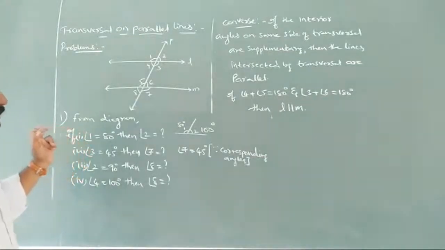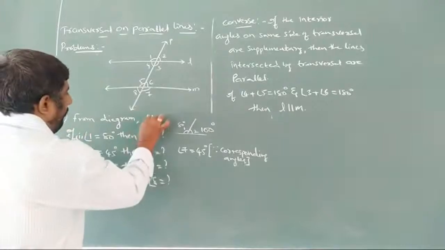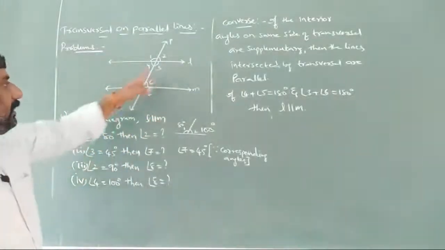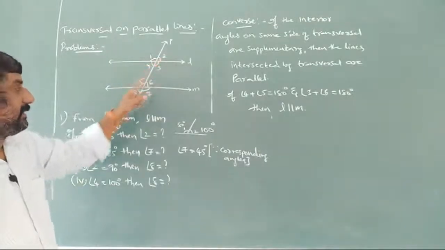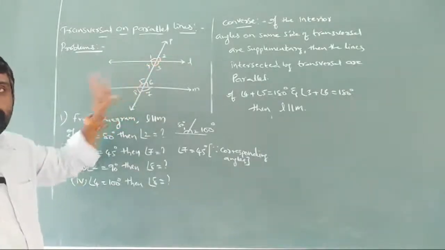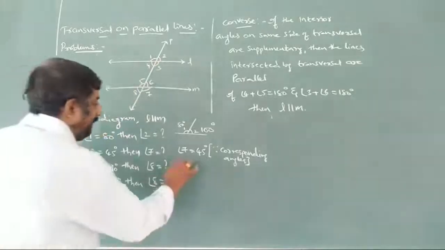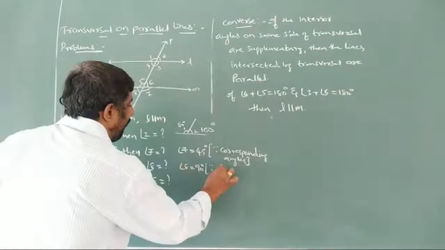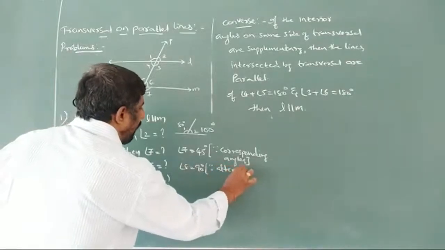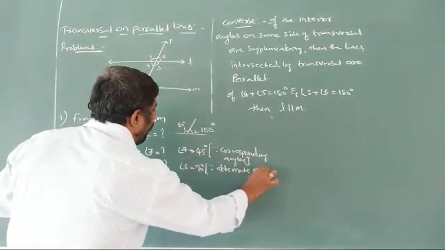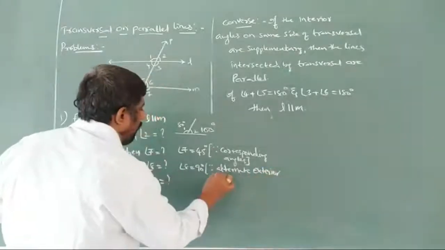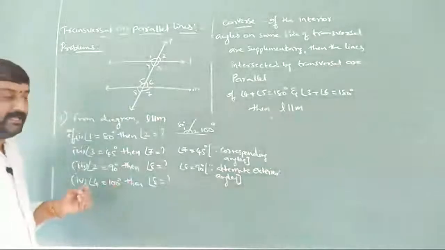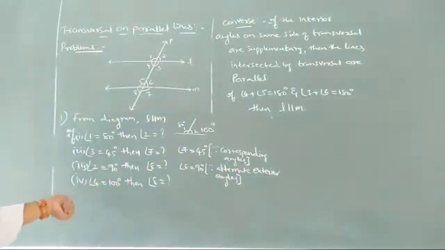And compulsorily you should observe here that L is parallel to M in this condition. Alternate exterior angles are equal. So angle 8 is equal to 90 degrees since alternate exterior angles.